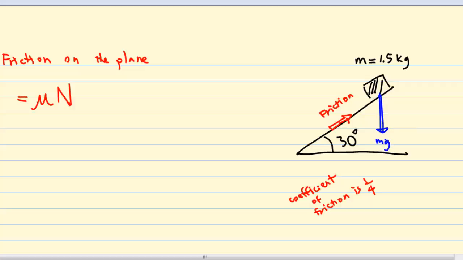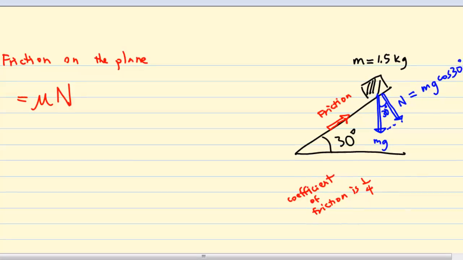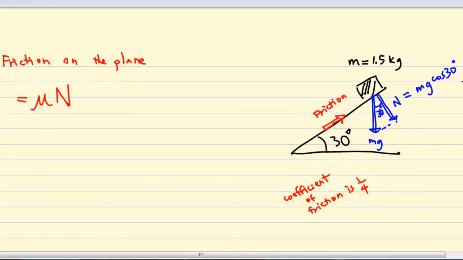The normal force is a force perpendicular to the plane, which means this component is N, where the angle is 30 degrees. So from the calculation, this N is equal to mg cosine 30 degrees. Therefore, the friction is 1/4 times mg cosine 30 degrees.